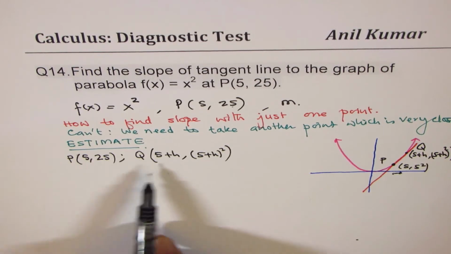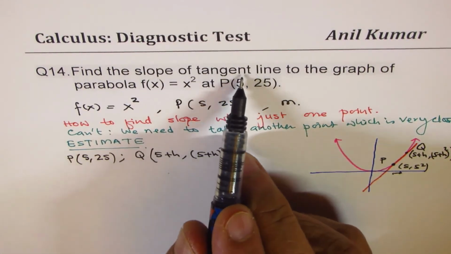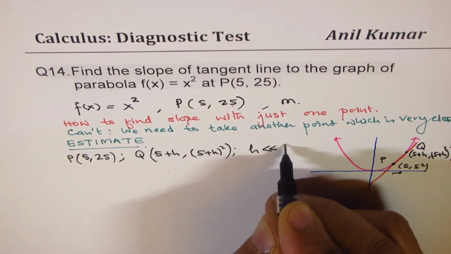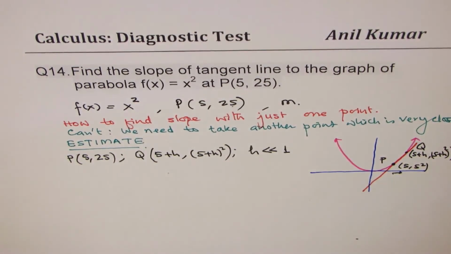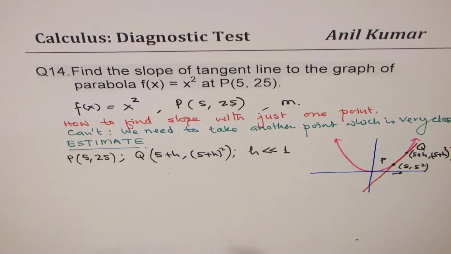So now we have 2 points, and since we are interested in the slope of a tangent line, we'll say h is very, very small as compared to unit, like 0.0001. You get an idea. That small. Now we have 2 different points, and it's easy to find slope.